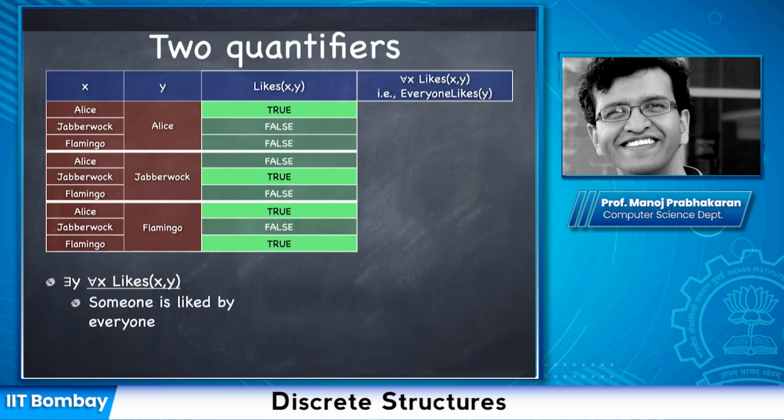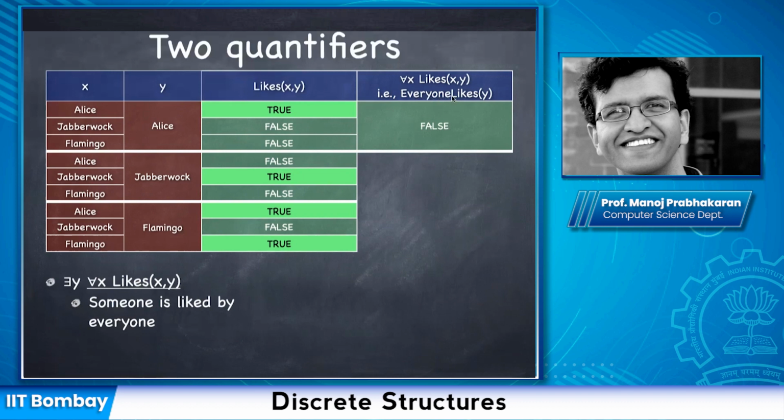We can check if it is true or false by just building the truth table. So the predicate I'm looking at is for all x, x likes y, right? Meaning, y is what I'm applying the predicate to, for each y, right?